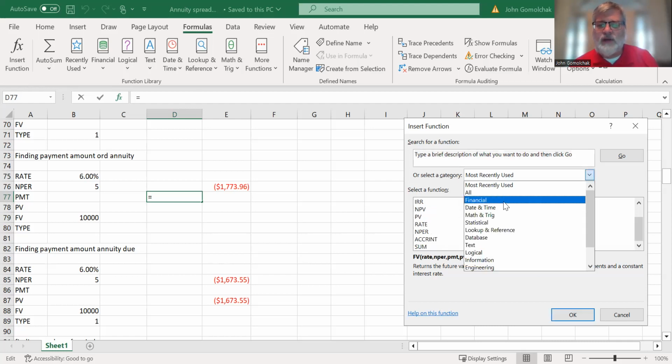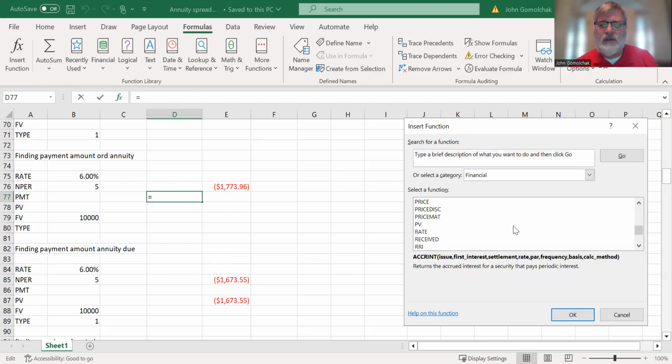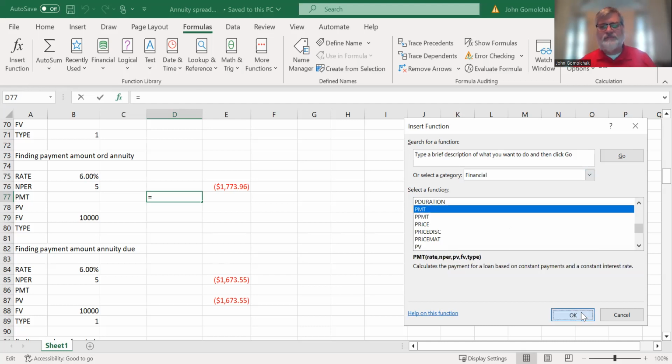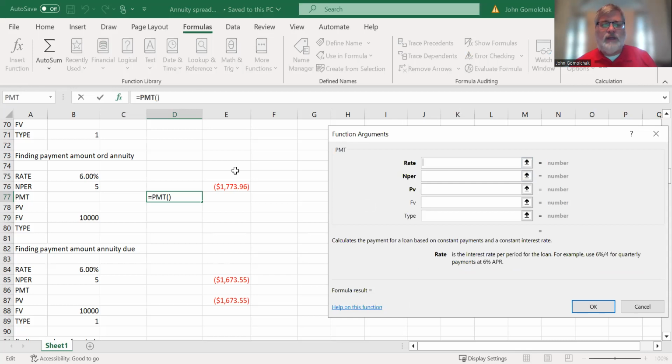Okay, so I'm going to have to go back into financial. PMT right here. So rate is going to be there. Number of periods is going to be there. And future value is right there.